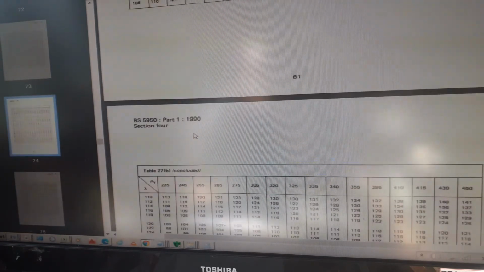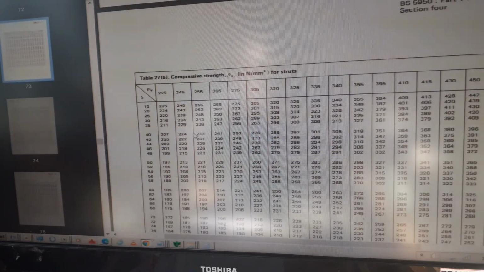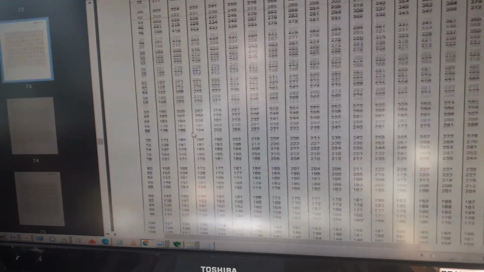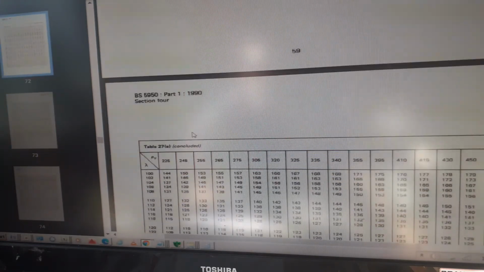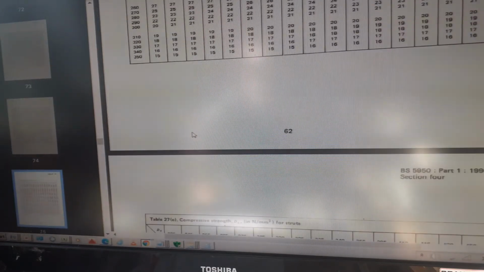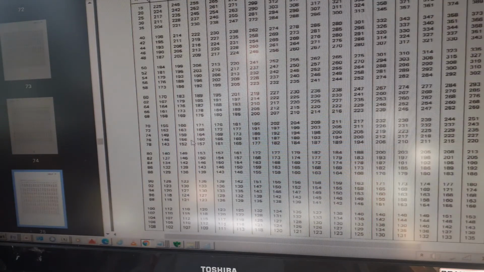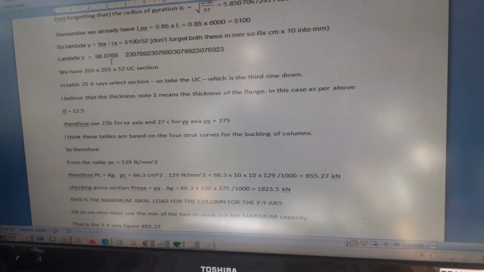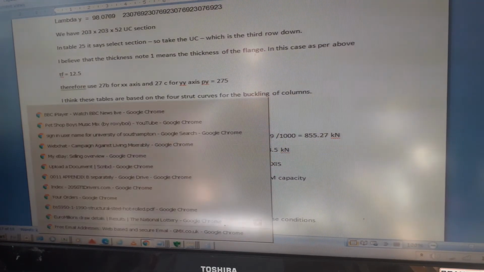So in BS 5950 section 4, you've got 2 sheets for each table. Table B takes up 2 sheets. Table A takes up 2 sheets. So A, B, table C, and I just worked out that lambda was 98, wasn't it? 98, that's it. So let's just plug those values in.